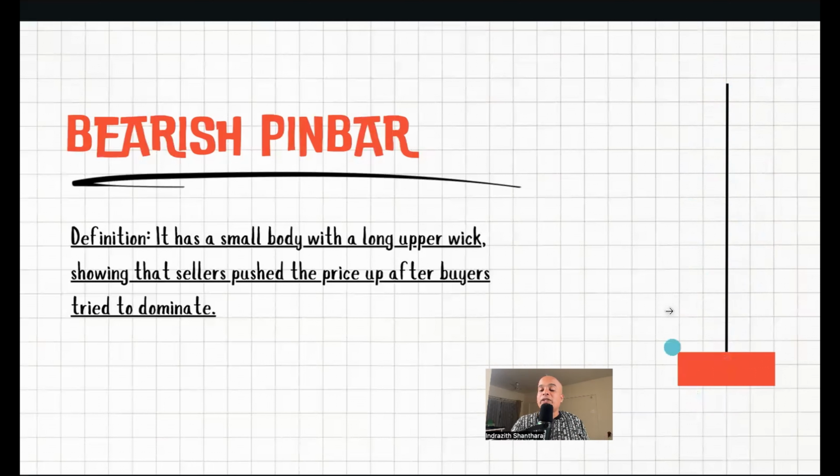So in the entire width of the candle, sellers are very, very strong, which means there is a high possibility of price going downside. Okay, especially if it occurs at a resistance price level.